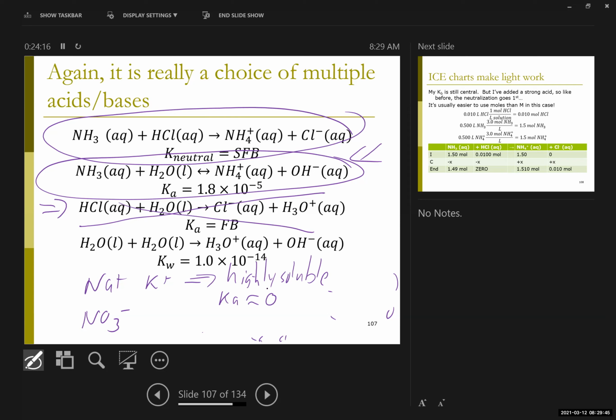Nitrate, which I said is the similar anion equivalent, again, nitrates tend to be highly soluble, see your solubility rules. This is the conjugate of nitric acid, and so it has a Kb that's about 0. There's a third reason we'll get to later in the semester.